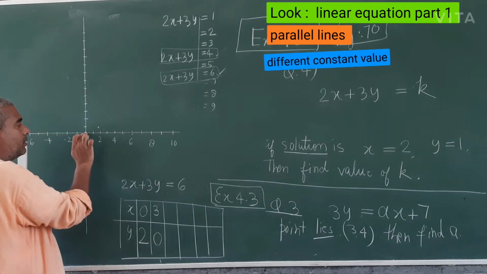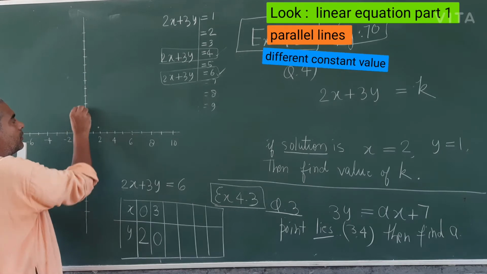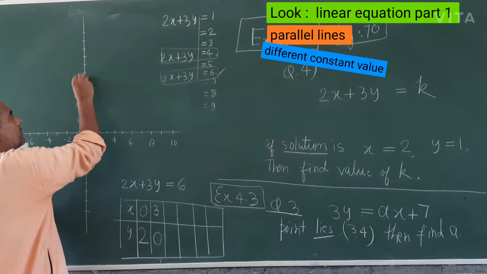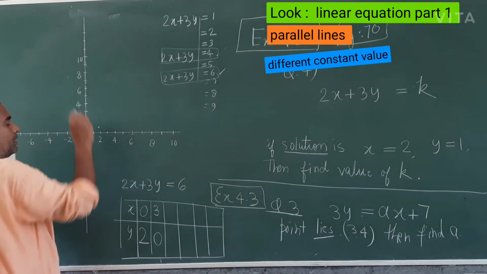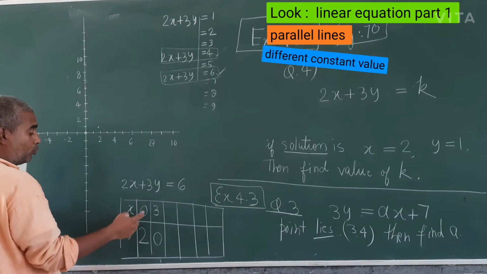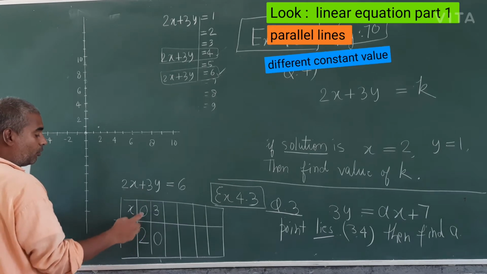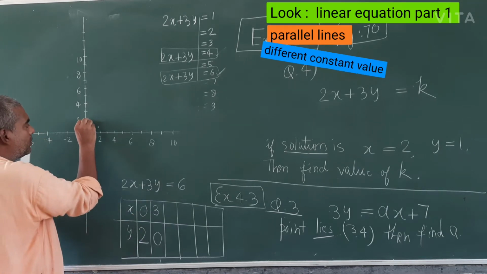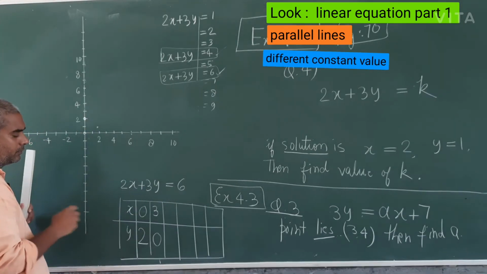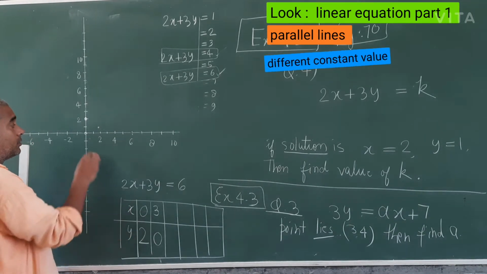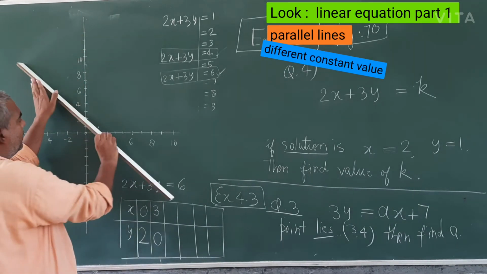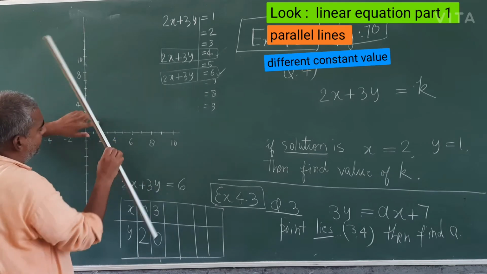This is 0, this is 2, 4, 6, 8 and 10, like that. So the point 0 comma 2 is where the line cuts the y axis.